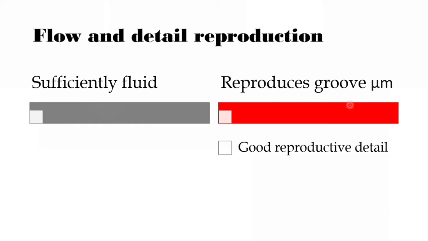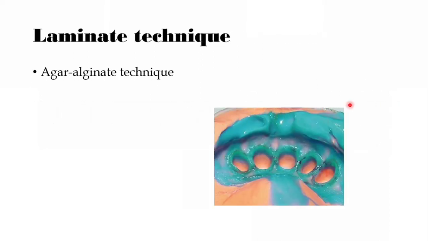Now, there is something called the laminate technique, which is an agar alginate technique, wherein the alginate is loaded on the tray, and the alginate is mixed with very cold water or it's chilled, and then the agar, the syringe material, is going to be injected on the tooth surface, the prepared tooth, and the impression is taken.